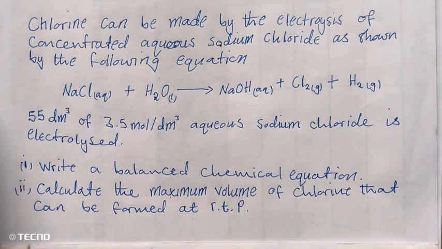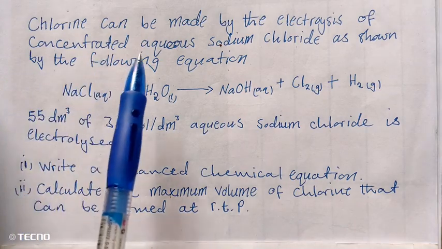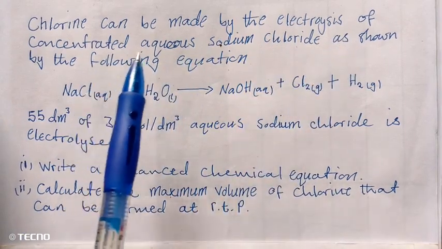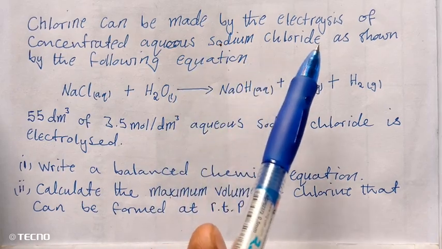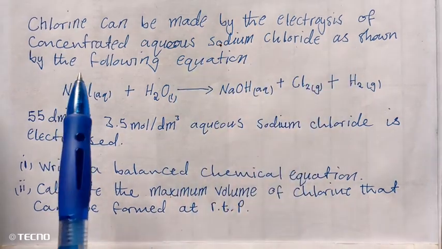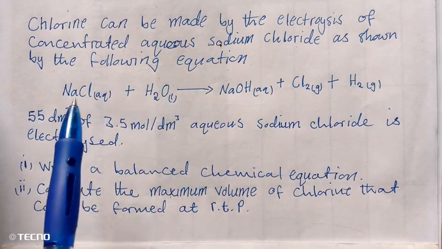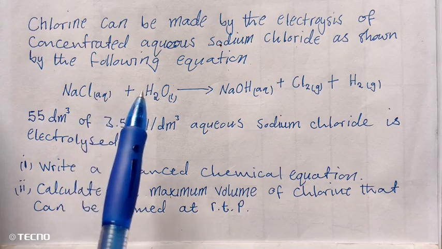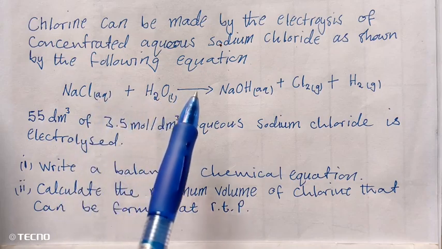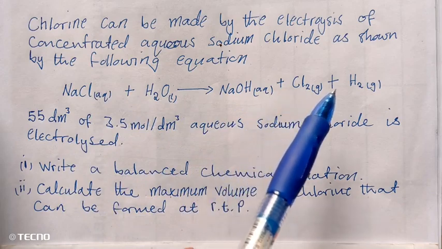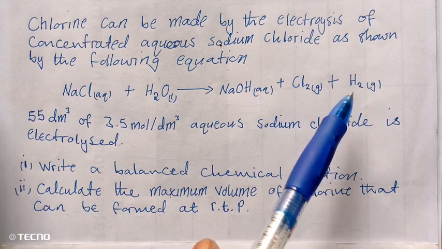So just read the information, then we answer these two questions. Chlorine can be made by the electrolysis of concentrated aqueous sodium chloride as shown by the following equation. So this is the equation where we have sodium chloride plus water will give us sodium hydroxide plus chlorine gas and also hydrogen gas.